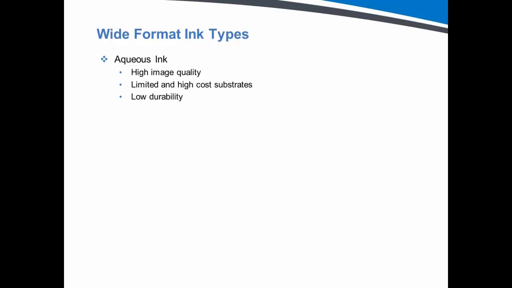It's basically used for high-quality photographic reproduction, images for indoor behind glass use, and there's a limited number of substrates, and they're fairly expensive. So you're looking at your higher-end applications there.